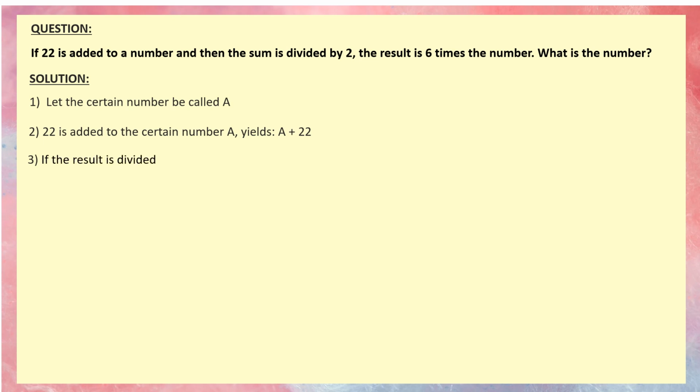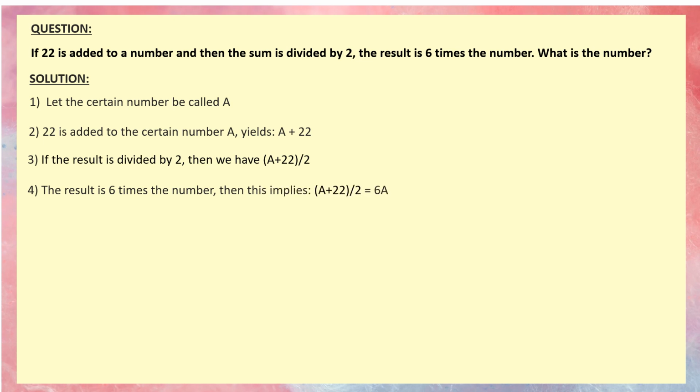So A plus 22 divided by 2 is how that particular line can be represented. We're also saying that this result is 6 times the number. So A plus 22 all over 2 is equal to 6A.